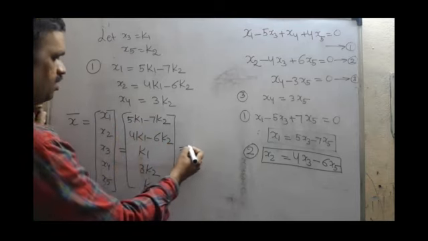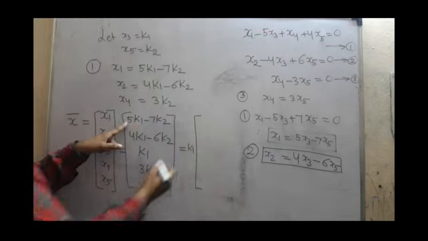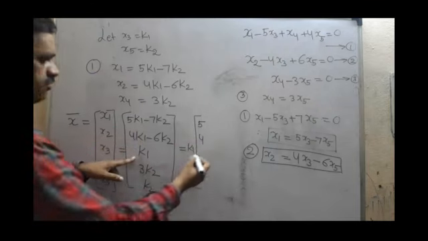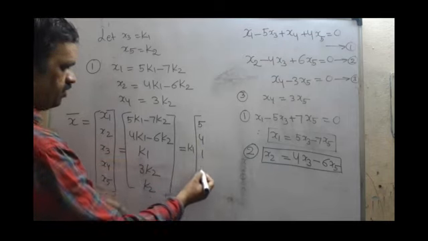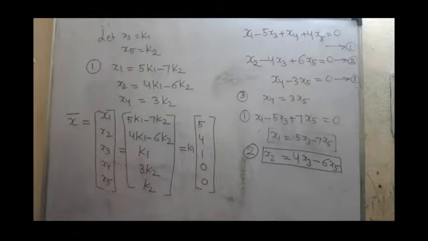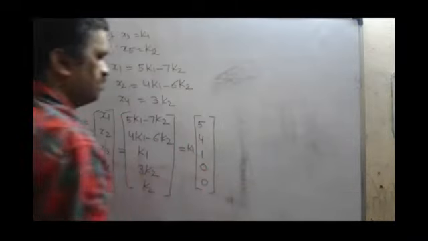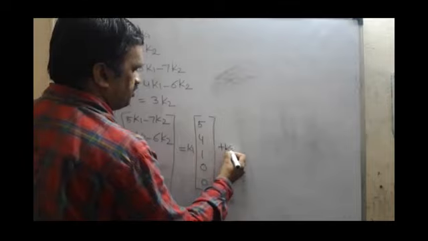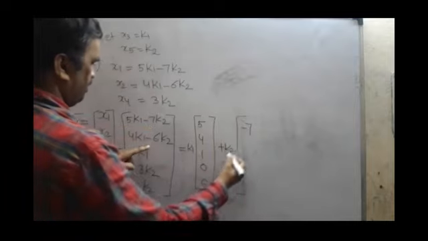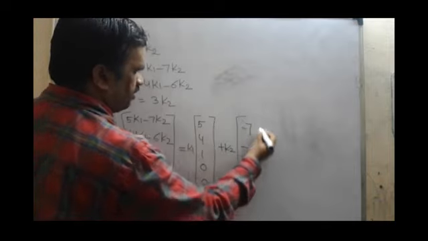Equal to, I will take k1 common. k1 is there in the first row as 5k1, so I will write 5. k1 is there here, 4. Here the k1 coefficient is 1, and k1 is not there in the last two, 0, 0. Plus k2, take k2 common: minus 7, minus 6, 0, 3, 1.